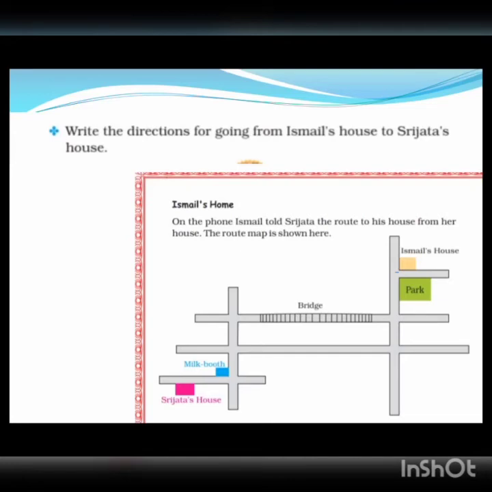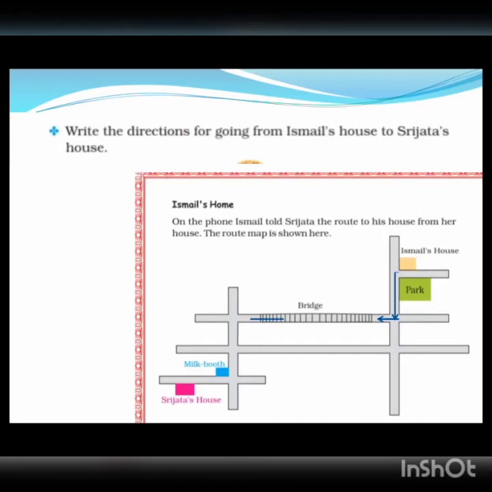So first of all, from Ismail's house, go straight like this. Then take the first right turn. This is our right turn. Then go straight and take the first left turn after crossing the bridge.